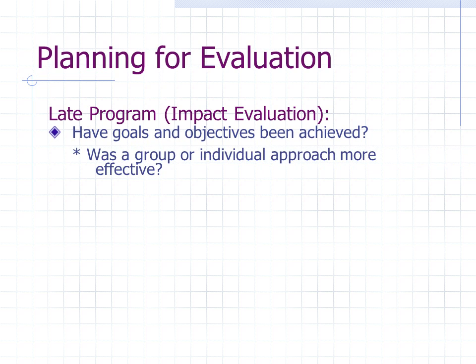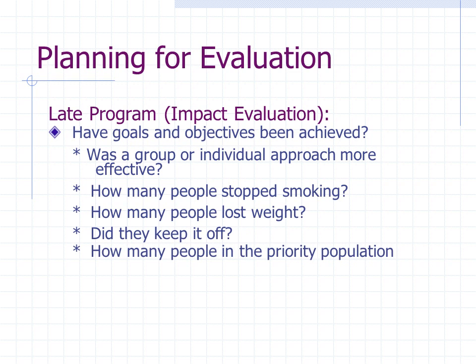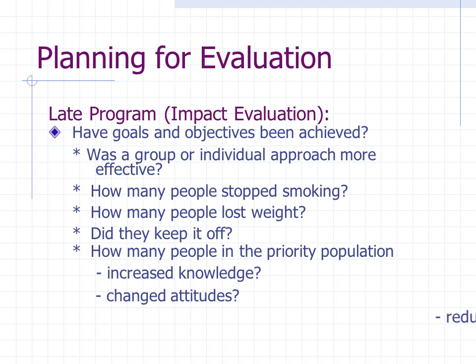We're looking at have the goals and objectives been achieved? Was a group or an individual approach more effective? How many people stopped smoking? How many people lost weight? Did they keep it off? Again, that's the more long-term effect. How many people in the priority population increased knowledge, changed their attitudes, or reduced their risks?